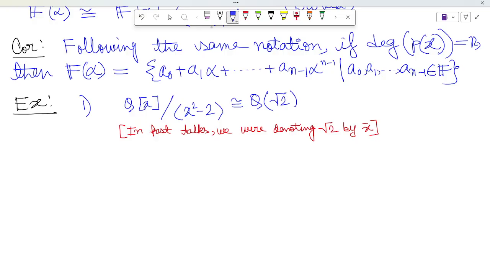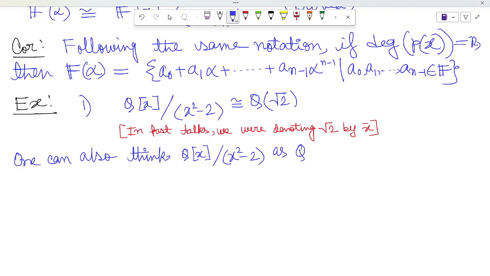So one can also think, but they're isomorphic.